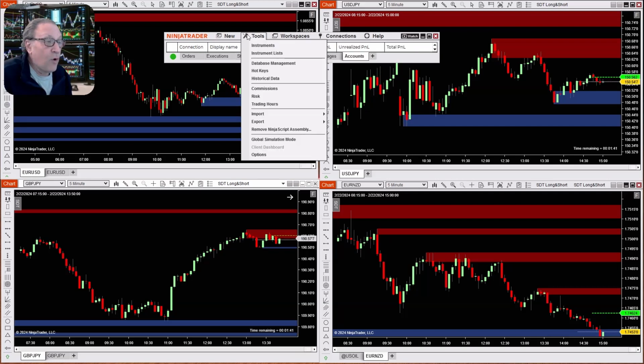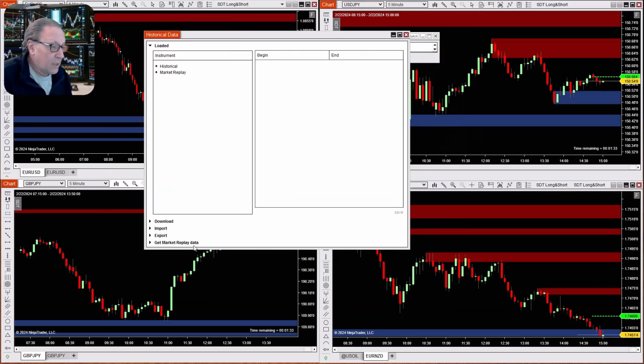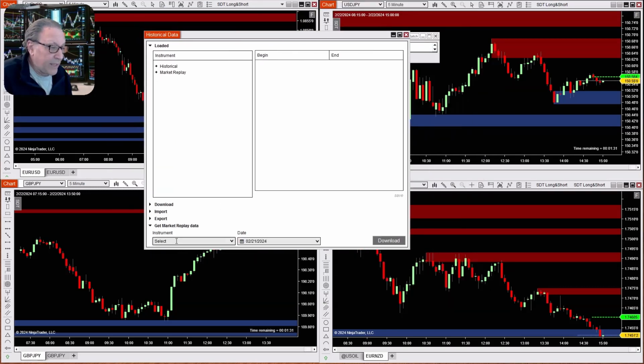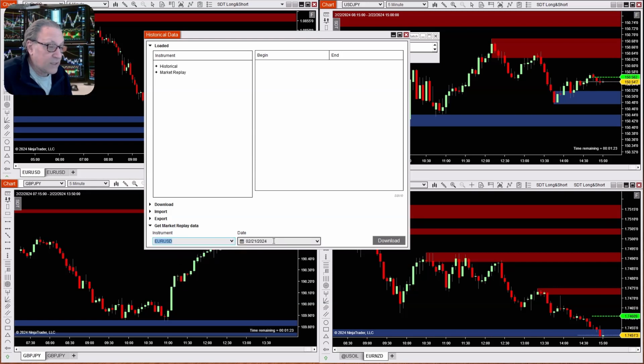And then, of course, you go into your tools, click historical data, and as soon as that window opens, you choose Get Market Replay Data, select whichever pair that you want, like the EUR USD, double click on Forex, and choose whatever day. Today's the 21st, so if I clicked on the 20th, it would download yesterday's data, and I could do market replay and practice trading.